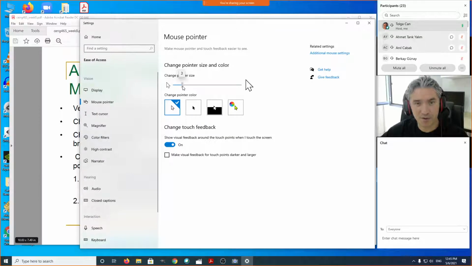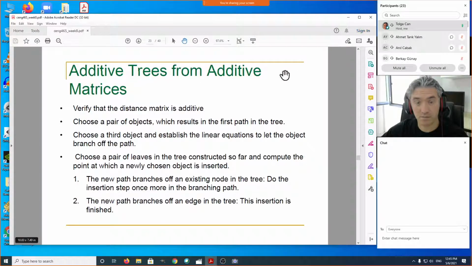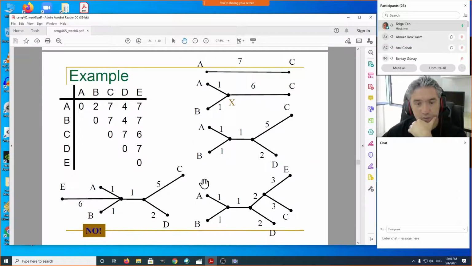I described the problem of constructing the phylogenetic tree, and we talked about this method where we solve a system of linear equations to add each node one by one to the tree and come up with the final tree.